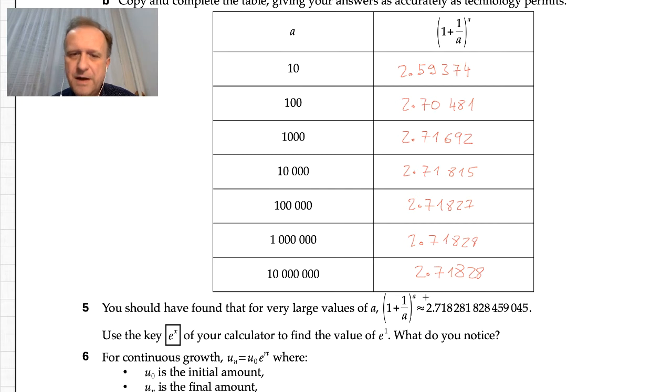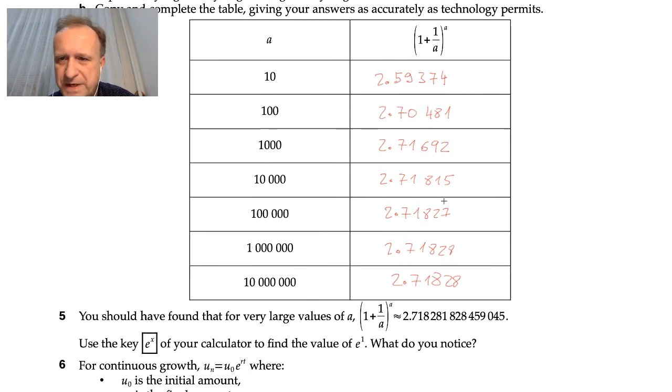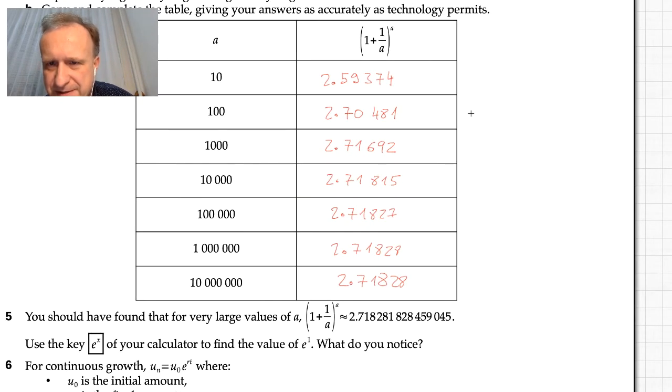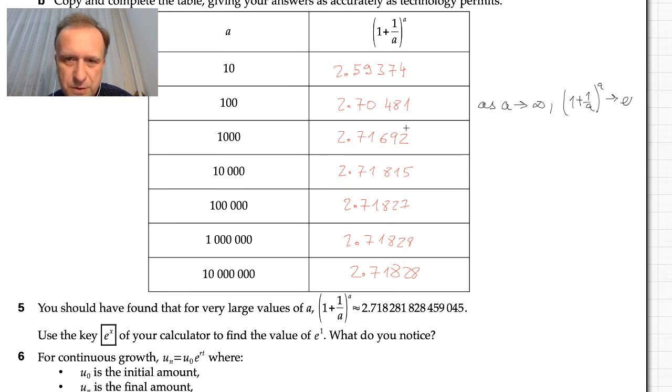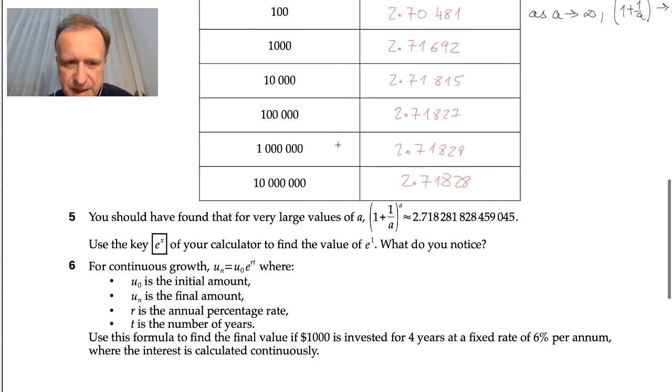As you increase the value of A, this expression tends towards e. So we can say that as A tends to infinity, (1 plus 1 over A) to the power of A tends to e. Okay, so this is what we can conclude from the investigation.